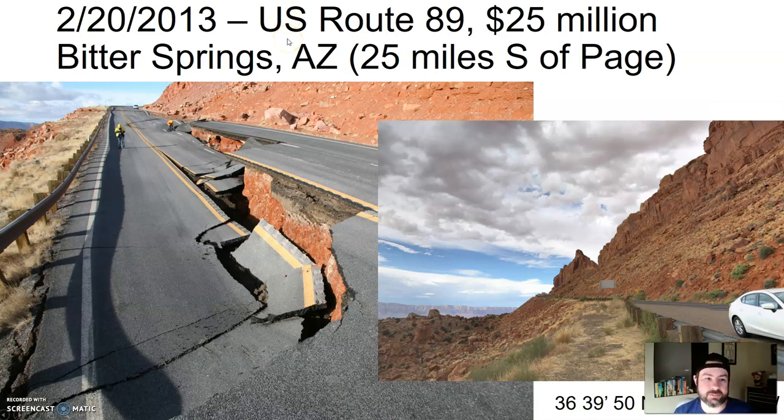This one goes back almost 10 years, but quite an interesting one on U.S. Route 89. Man, got to watch out for those Route 80s. $25 million in damage just south of Page, up in northern Arizona. This is what it should look like, and this is what it looks like.